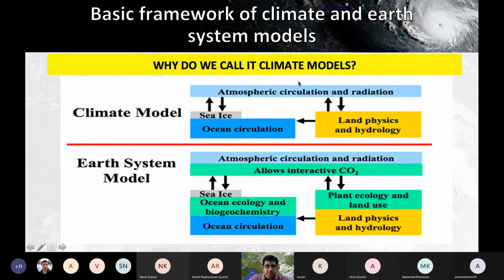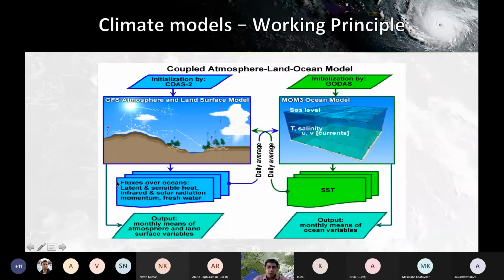So the framework is the same when you take a climate or weather model, but when you take the Earth system model, the framework is very different because it also allows for ocean biochemistry, land CO2 changes and everything, plant ecology and everything. That is the Earth system model. For this course, we will only look at the climate model. The climate models have three components: atmosphere, ocean, and land.